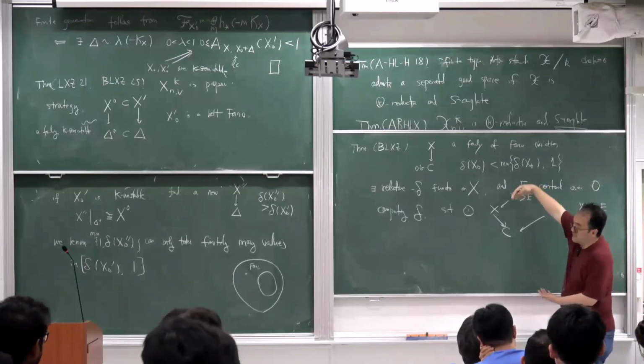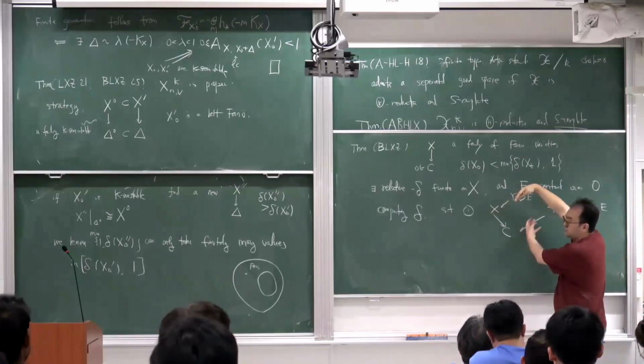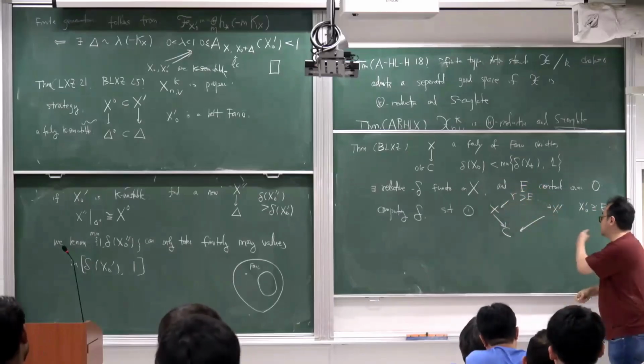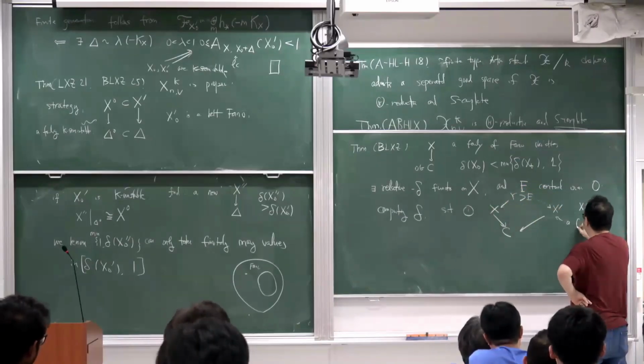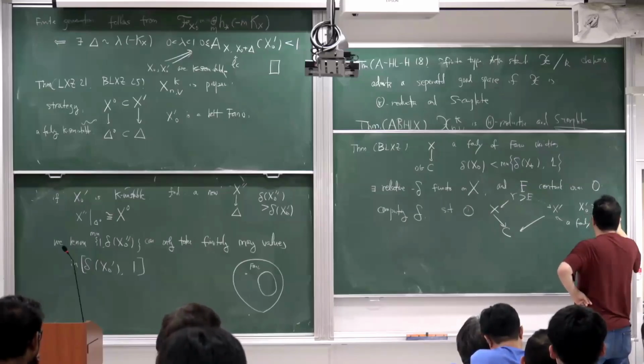You extract one divisor over the central fiber, and then you construct another model. And this is still a family of KLT Fano varieties.